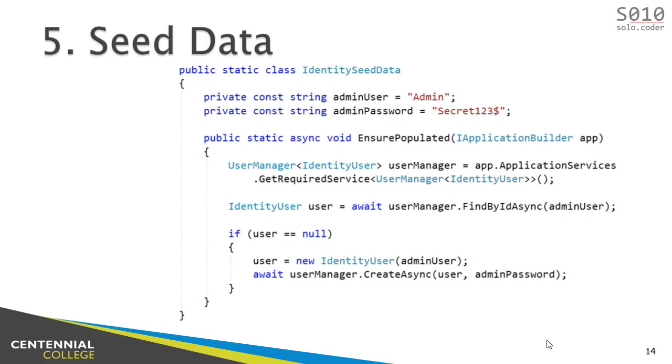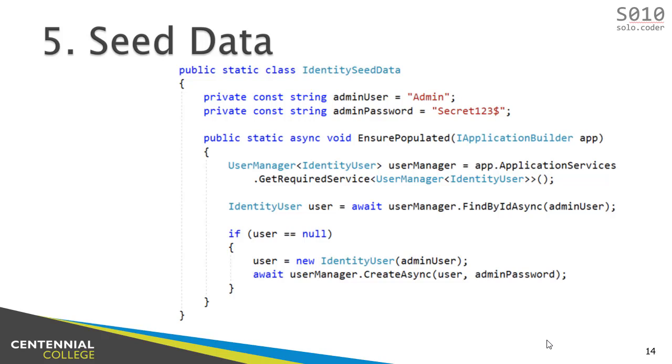Moving on here, you have also created the seed data. Seed data is just a small class to populate the users with the initial user, with a first user. Okay? We are adding this user called admin, the passwords, very similar to what we had with the original seed data. Now we have an identity seed data.